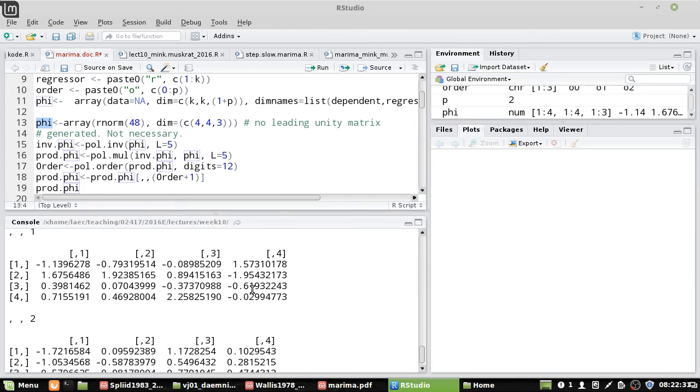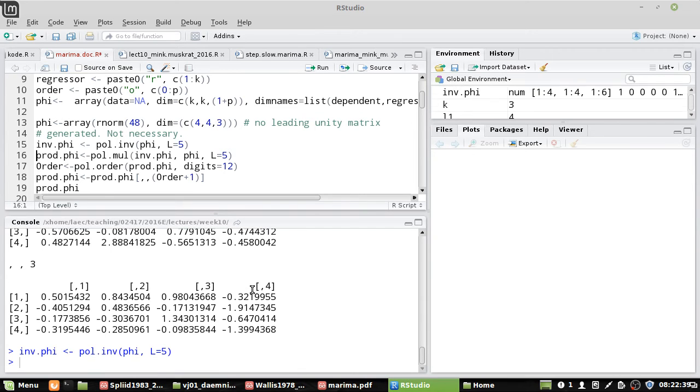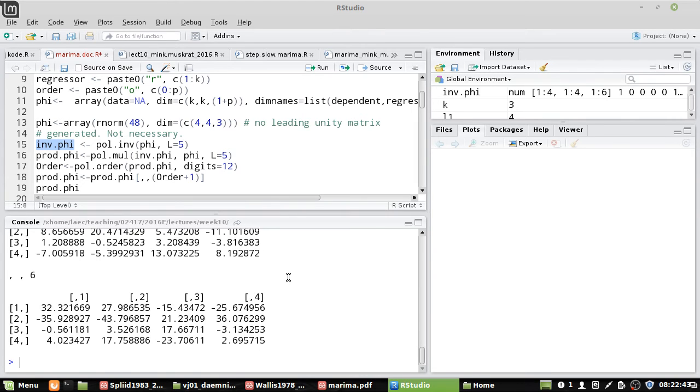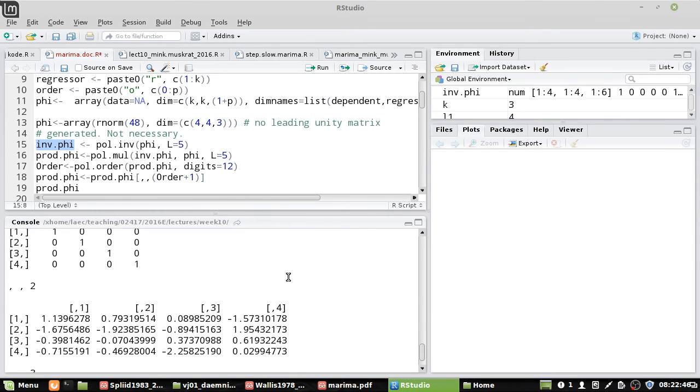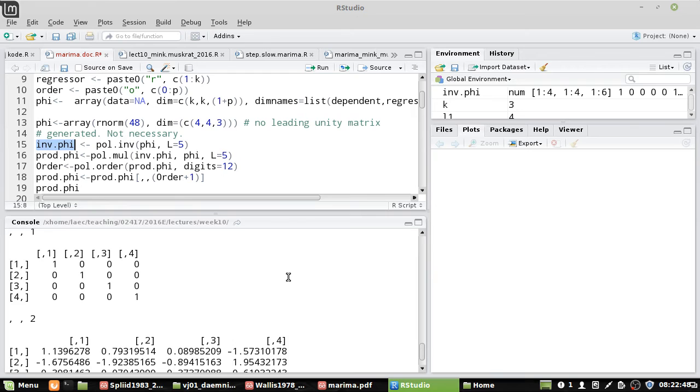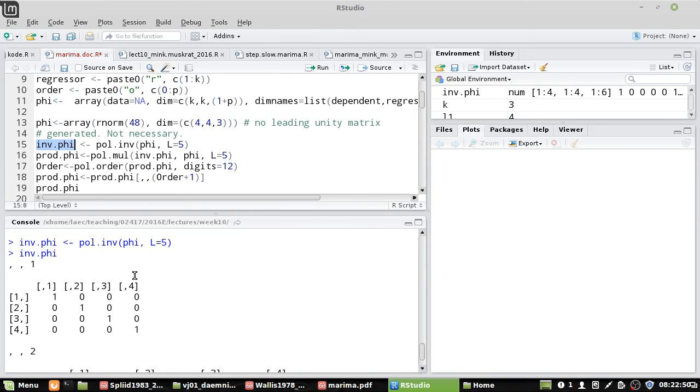Maybe not an appropriate choice, but just to demonstrate what it does. I'll take this and invert it, only keeping the first 5 elements. So I get here, and you'll notice that the first element in the third dimension is the identity matrix that now popped up.